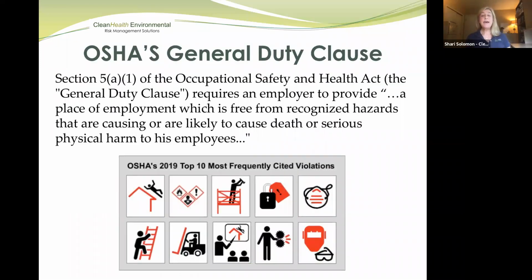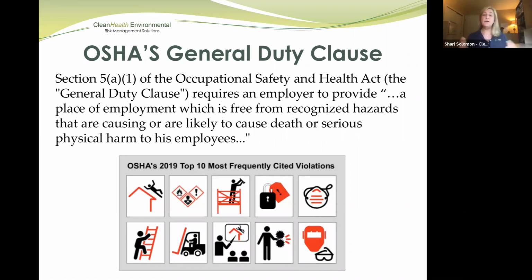But that being said, we're talking about OSHA regulations and the emergency temporary standard, but just to step back for a minute and keep in mind that before and after this emergency temporary standard was published, we as employers are still required to protect our employees, and they call that the general duty clause.